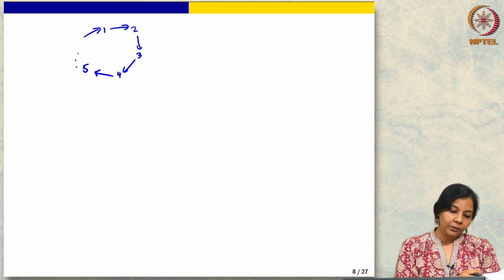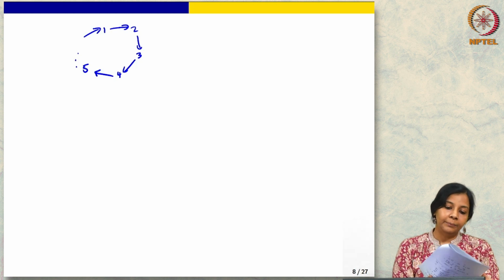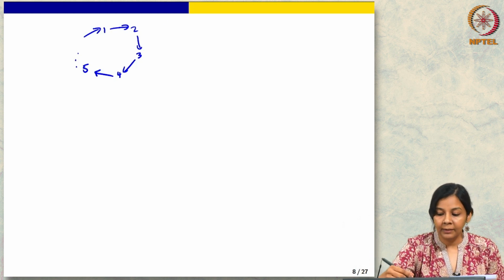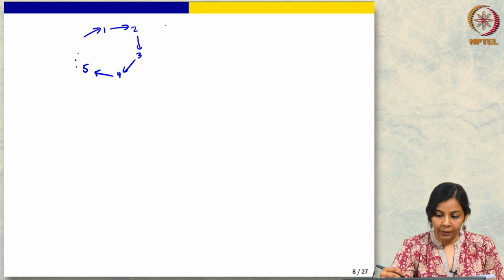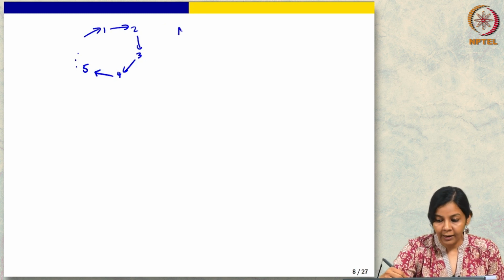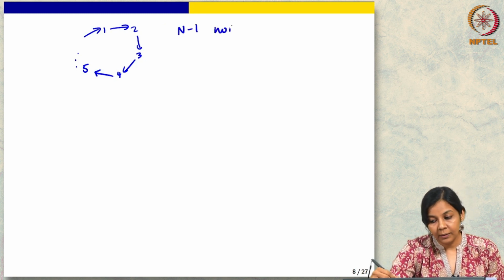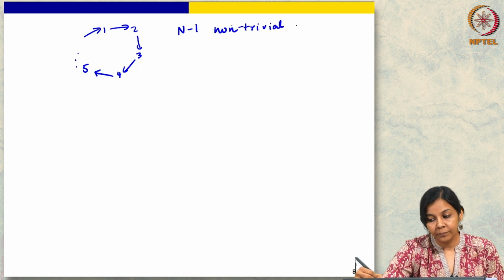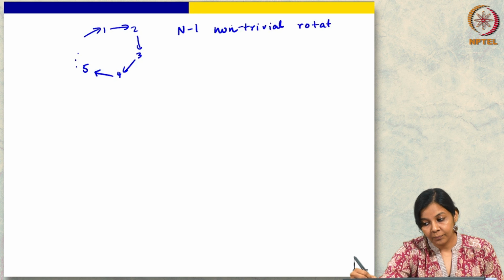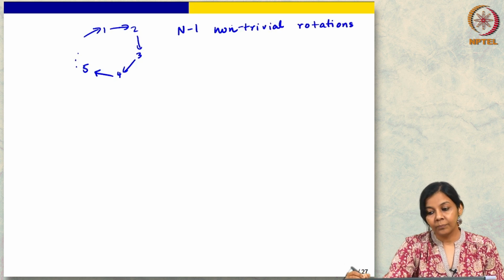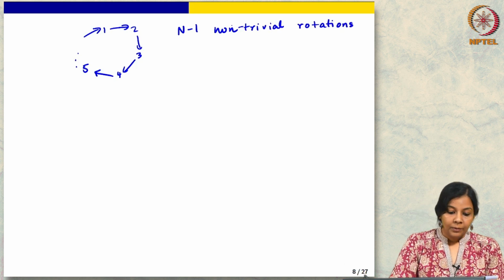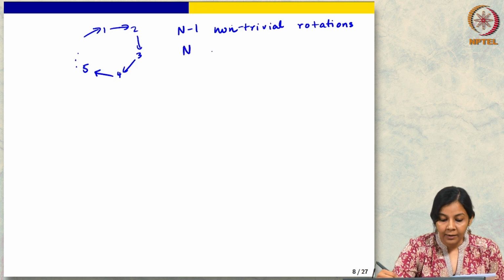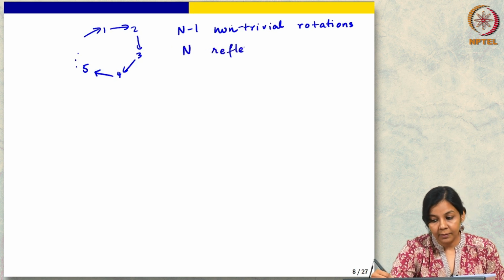So, these are the automorphisms. I have n minus 1 non-trivial rotations, and I have n reflections.